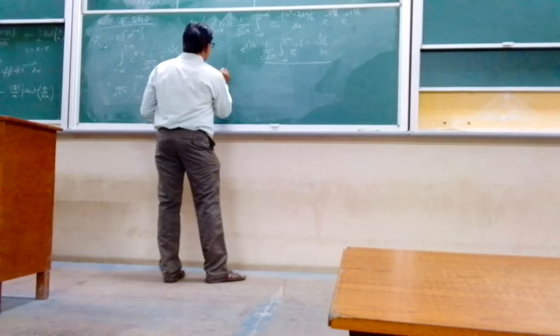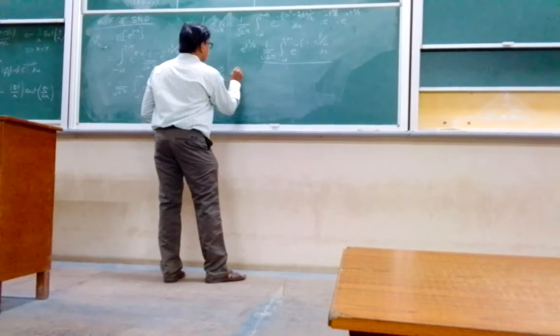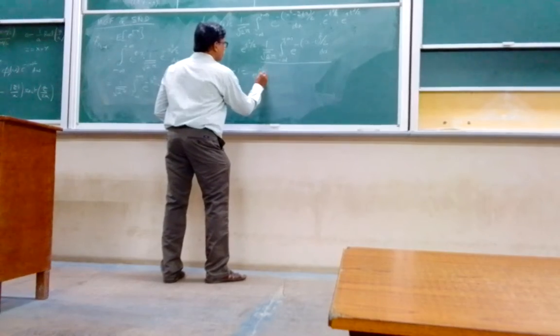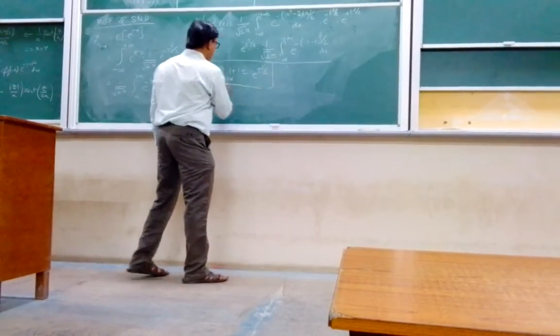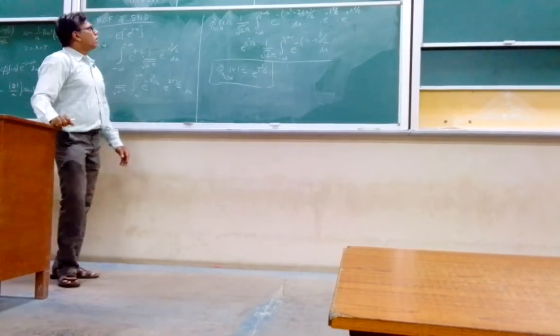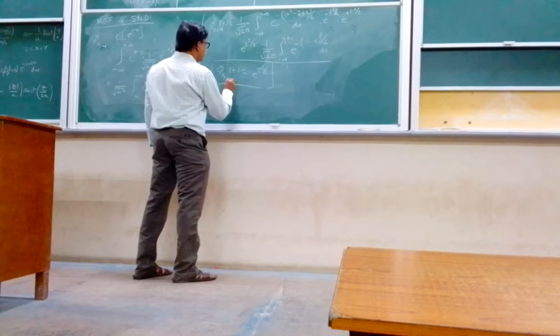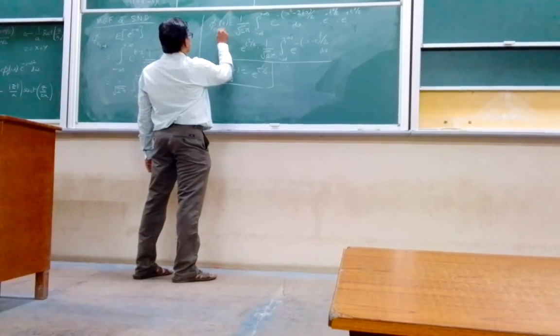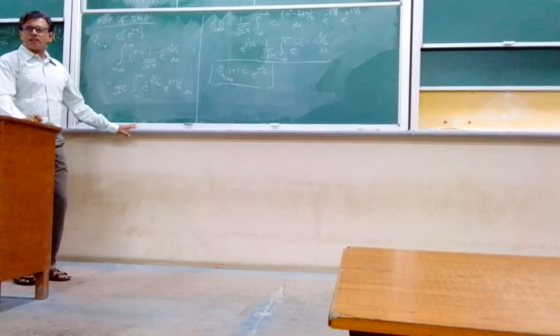So what we have is e power of t squared by 2. So we have got the MGF for the standard normal.